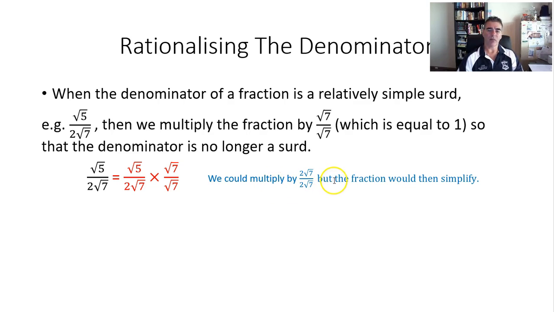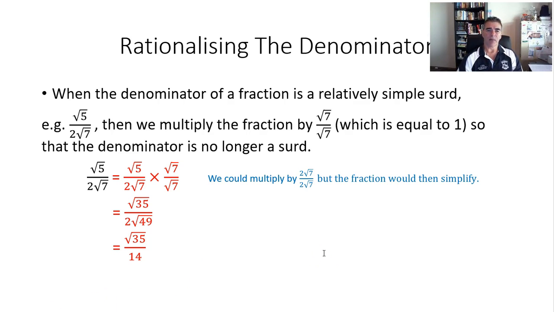As I said before, we could multiply by 2 root 7 on 2 root 7, but the fraction will then simplify. So numerators, root 35, denominators, 2 root 49, and we know the square root of 49 is 7, so 2 lots of 7 gives us 14 in the denominator. So now that denominator is a rational number. And that's it for that particular question.